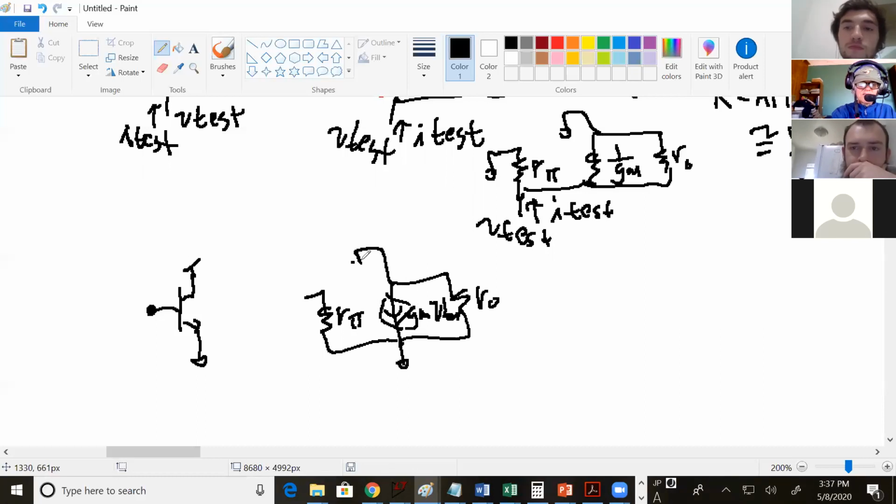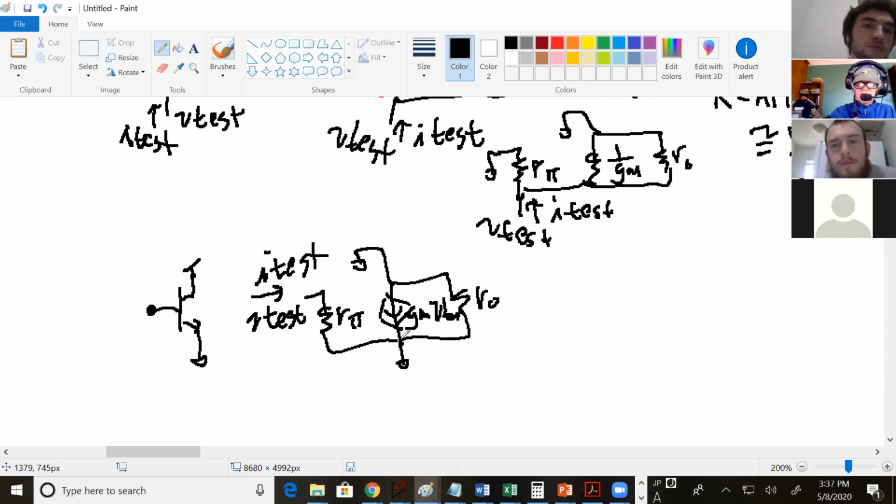This is grounded. This is your I test, V test, and this is horrible overkill because as soon as I drew a ground on this node, it doesn't matter what's on this side at all. This resistor is going straight down to ground, so this side can do whatever it pleases, and it doesn't change the resistance on the base.